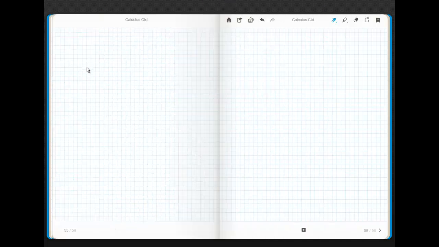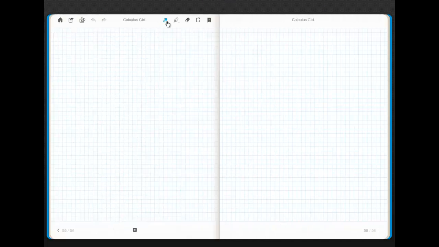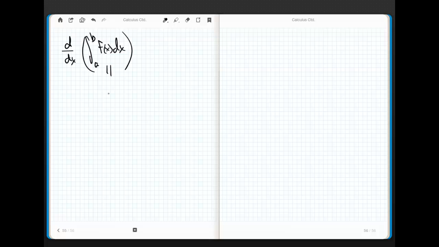Remember this, the thing that's really important, and I always have students just get crazy with this. If I take the derivative of the integral from a to b of f of x dx, well, what is this thing? It's a constant.